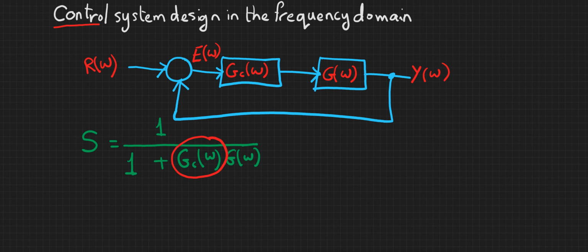We also discussed the error signal analysis. So we analyzed the error signal in the frequency domain as a function of R, for example, the reference input. And we also did our analysis including disturbance.